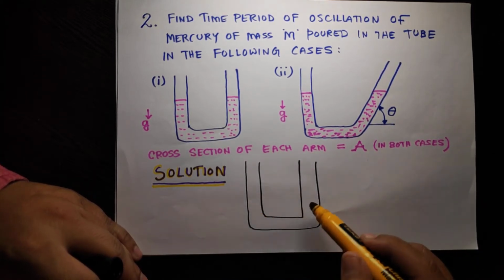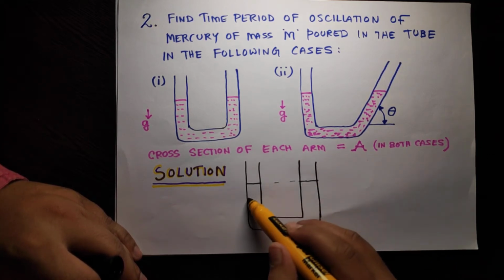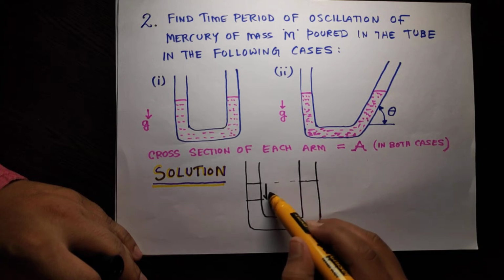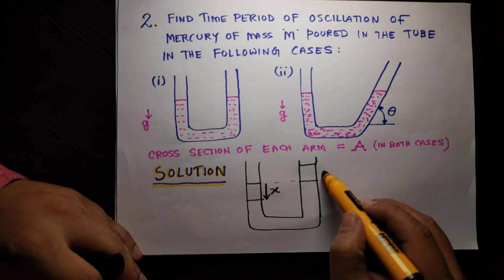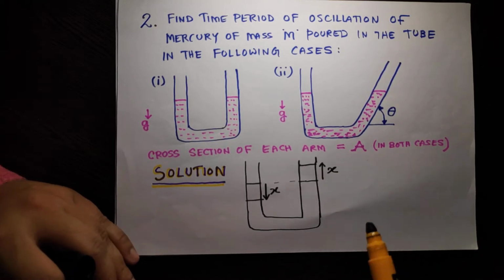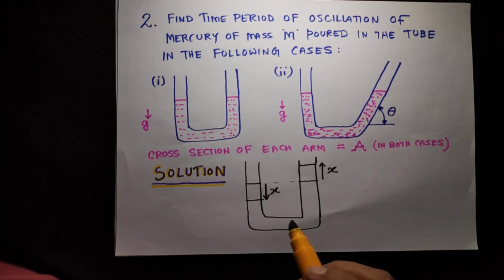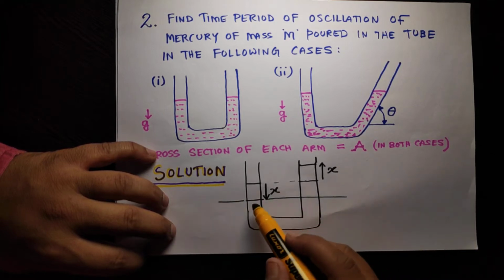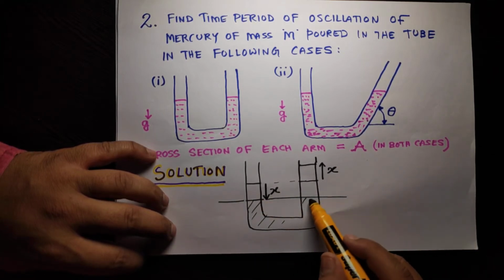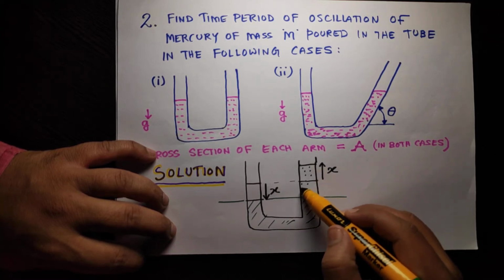Say this was the level at start. Now the liquid goes down by a small distance x. As the volume is conserved, here the liquid goes up by the same distance x. Now we will calculate the excess force on the liquid column. If you draw a level here, the excess force is due to the weight of this much liquid.